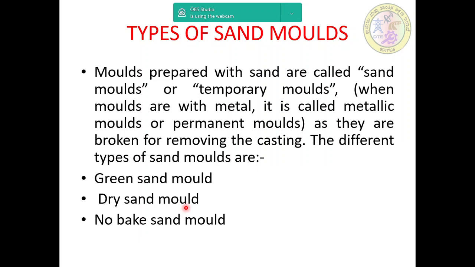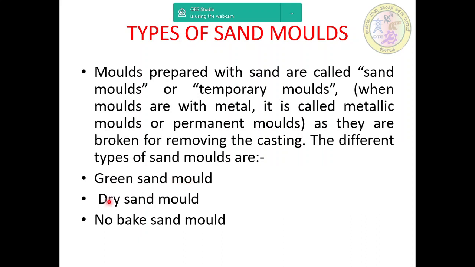Strength is realized after baking the mold in the oven to remove some moisture present in it. Baking is carried out for around 6 to 12 hours at a temperature of around 200 to 300 degrees centigrade, depending on the size of the mold and type of metal being poured.